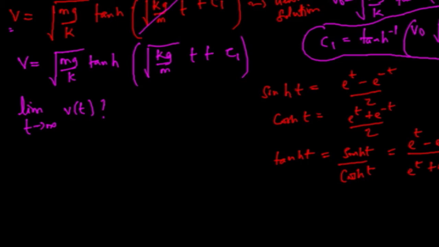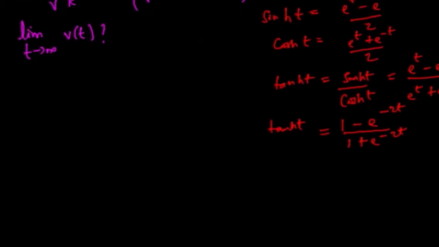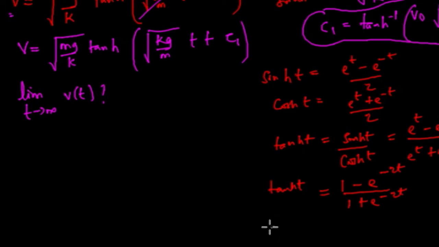Then e to the power t times e to the power negative t becomes 1. That'll be 1 minus e to the power negative 2t divided by 1 plus e to the power negative 2t. Now this is the formula for tanh of t.